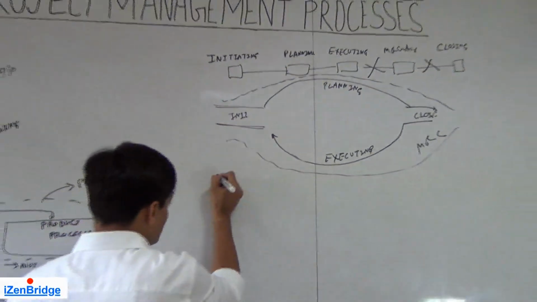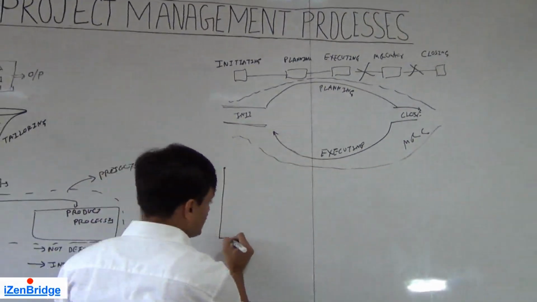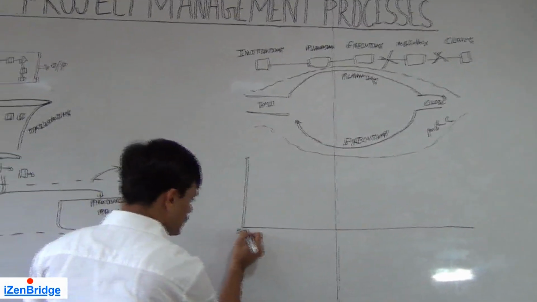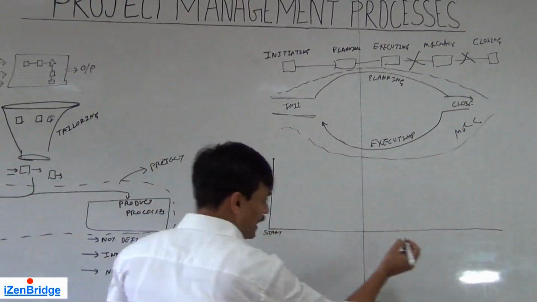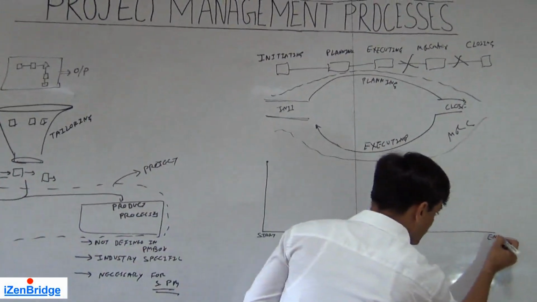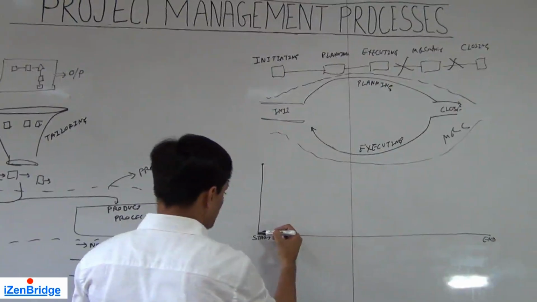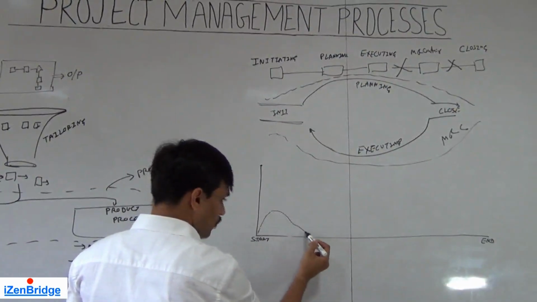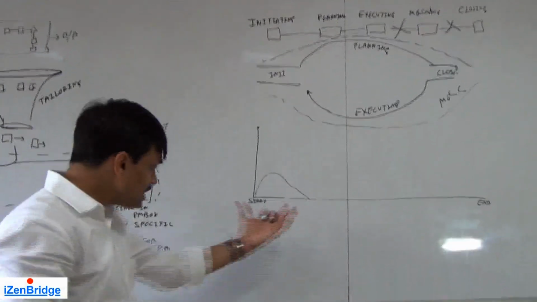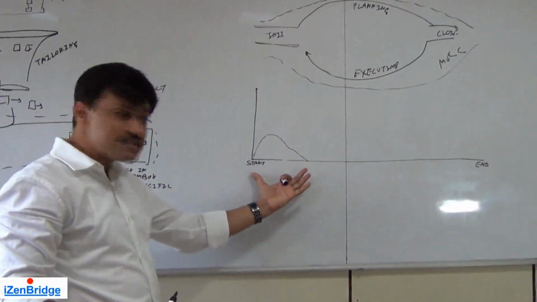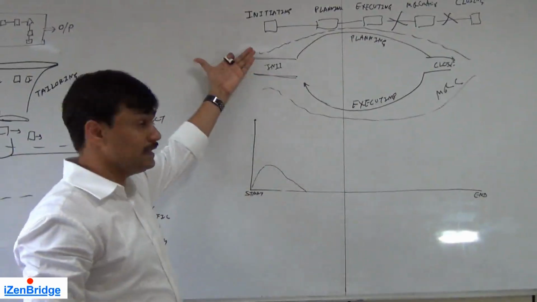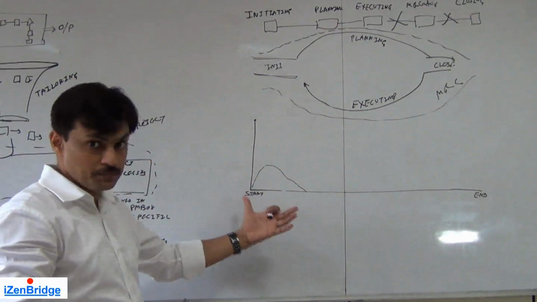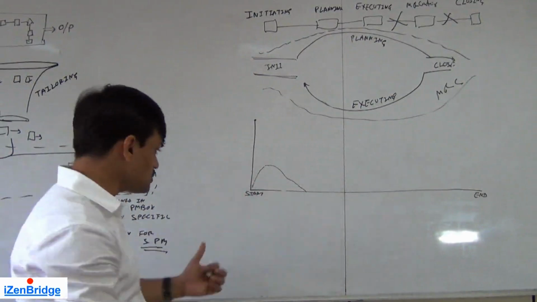So if I am using a predictive life cycle, and this is my start till end timeline, initially I would be doing initiating activity mode. So in the initial stage of the project, the processes falling under the initiating category would consume more effort. People would be more involved in those processes.